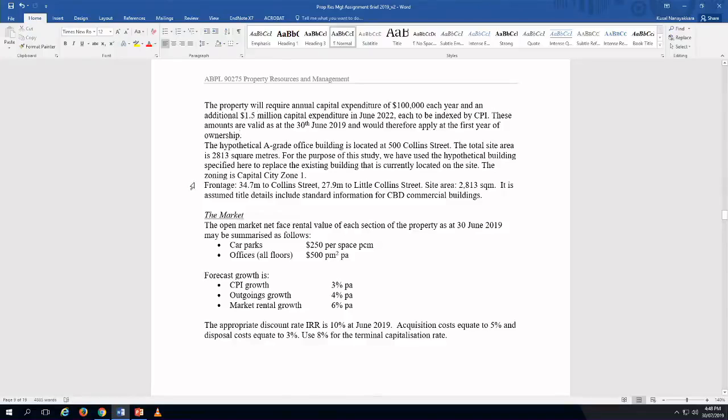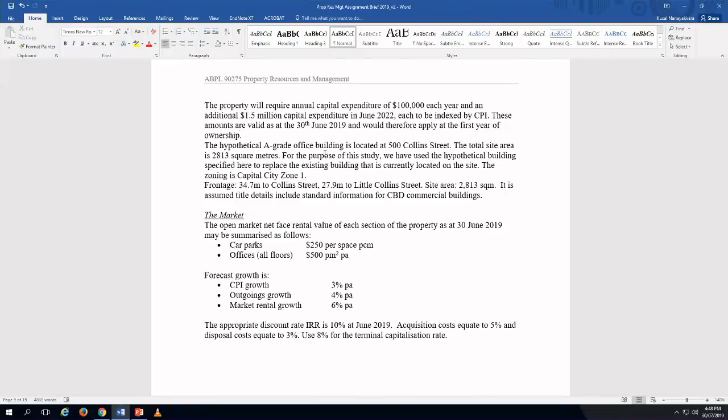The hypothetical A-grade office building is located at 500 Collins Street. There is a building at 500 Collins Street, but this is a different building. We don't have all the information. That building is a high-rise building and it would be too complicated for you.